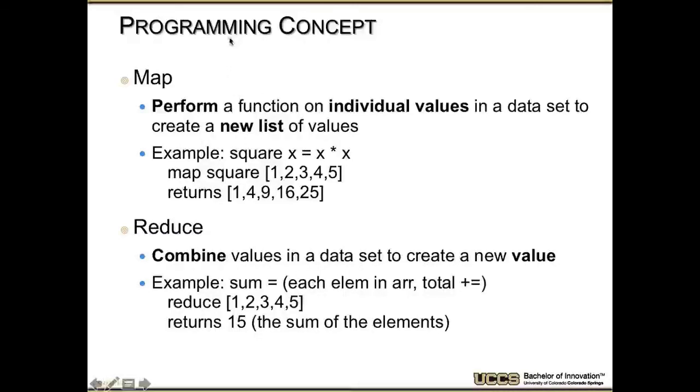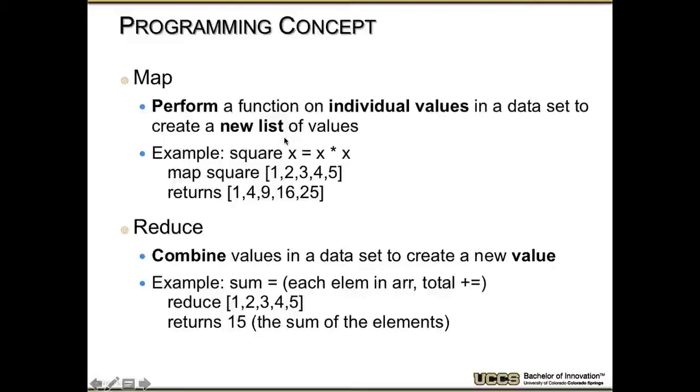So if I wanted to do this, everything is broken down into code that lives in one of two things: map or reduce, which is why it's called MapReduce. So map provides a function on individual data in a data set to create a new list of values.